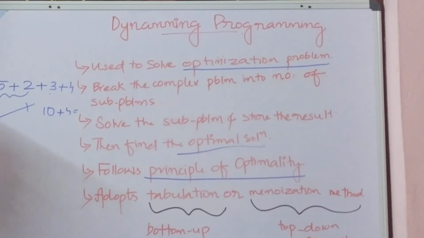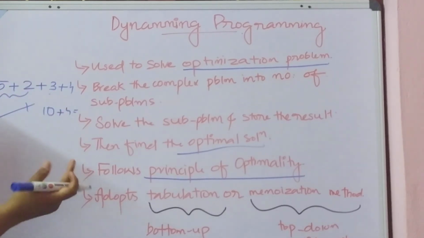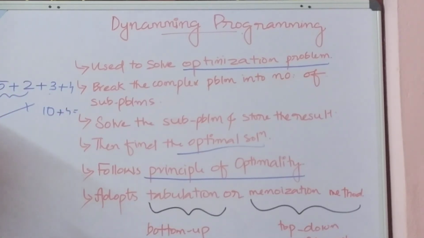In the greedy approach, we follow a procedure to find the optimal solution. But in dynamic programming, we find all the possible solutions of that problem, and from all those possible solutions, we find the best optimal solution.